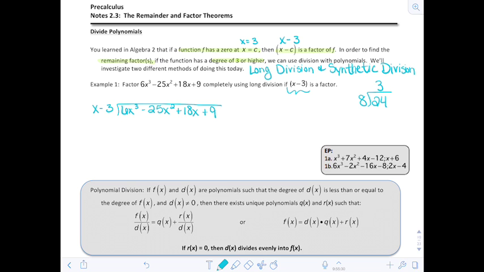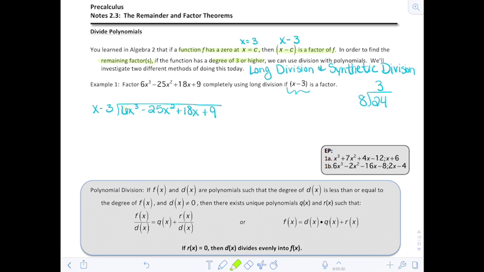If you had any of these terms missing, for example, if you had no quadratic term, you'd have to use a placeholder 0 to hold that position. You have to have them in order from the highest exponent in descending order down to an x to the 0, which would be your constant. But they're all accounted for here, so let's get started.